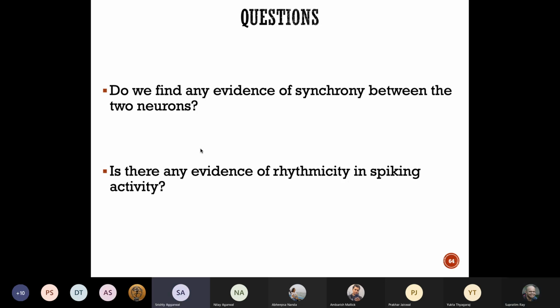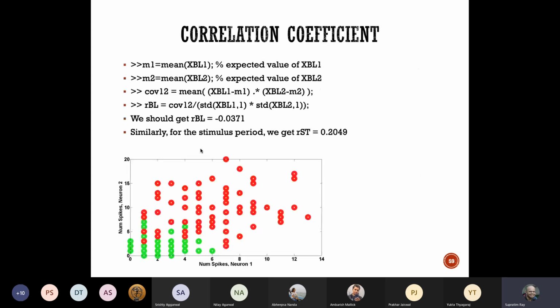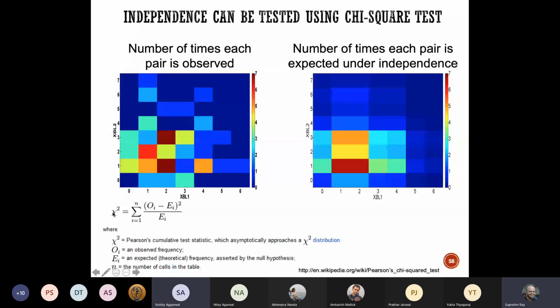For synchrony, I think correlation is the thing that we should look into. If we have very high correlation, that means they are firing in synchrony. Well, not really. The correlation that we studied in the last class was the number of spike counts within 250 milliseconds or some such duration, right?